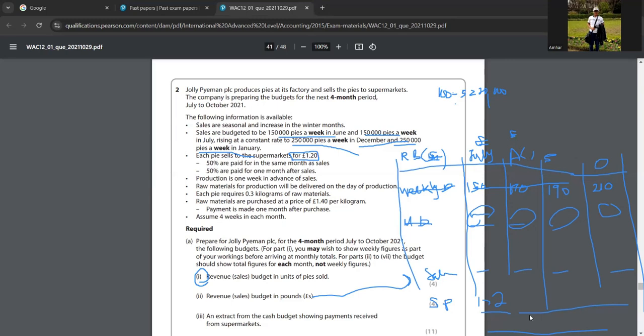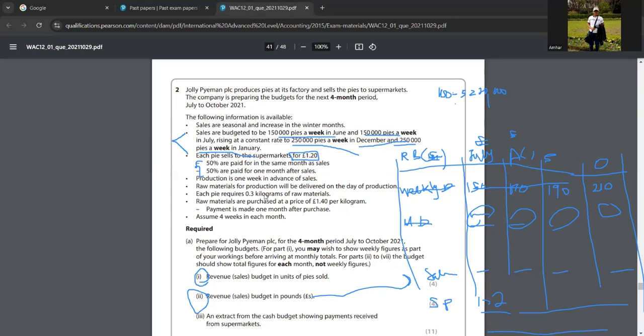So they're receiving money only for the 50%, right? Not for 100%, right? No, no. This part has nothing to do with the sales budget. This 50% part has nothing to do with the sales revenue budget and units sold. Only this second point and third point have to do with the sales budget, until this 1.2.